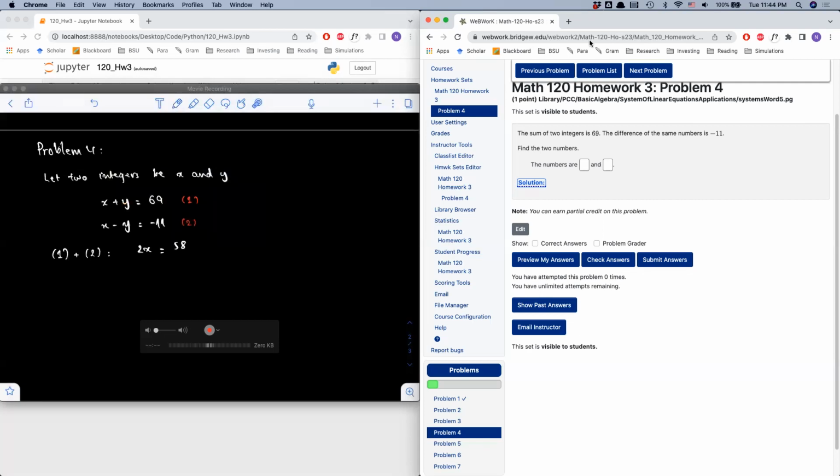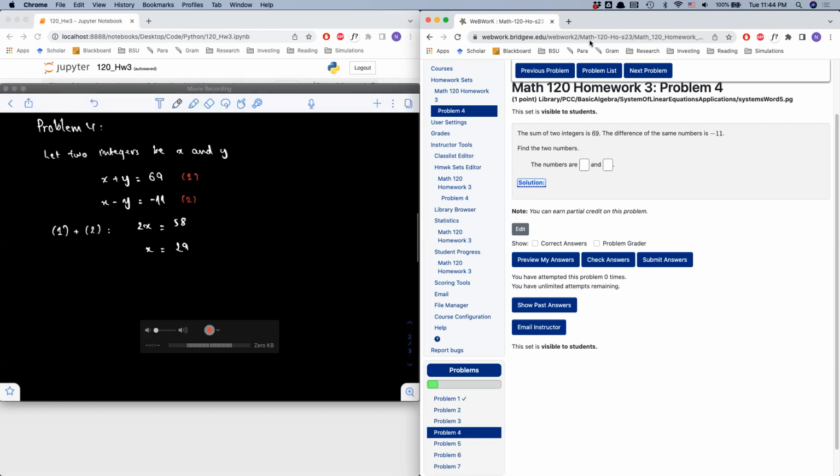So that is 69 minus 11, which gives you 58. To find the value of x, you divide both sides by 2, and you get 29 for the value of x. Now, to obtain the value of y, you back substitute x equal to 29 into either equation 1 or equation 2.